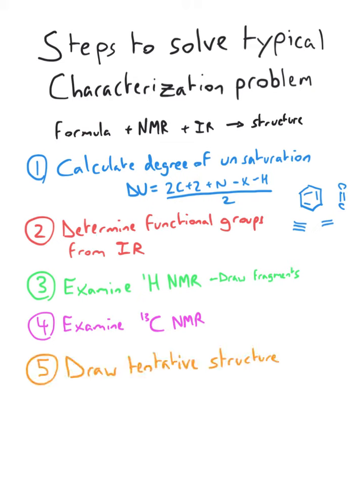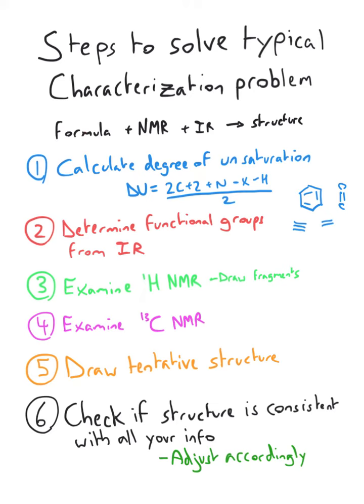At this point, you should already be able to draw a tentative structure of the constitutional isomer you are looking at. Either way, next step is draw the structure that you believe it is and compare it back to all the data you have and see if it is consistent.